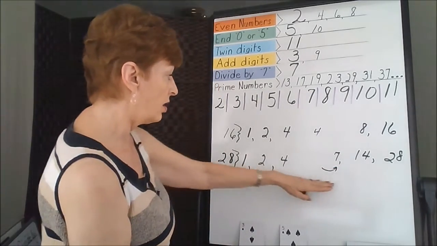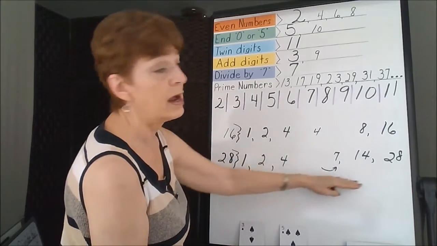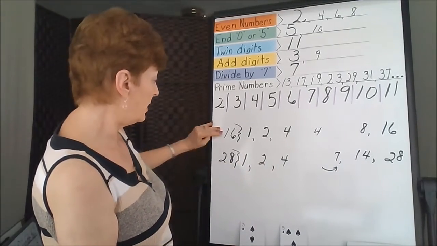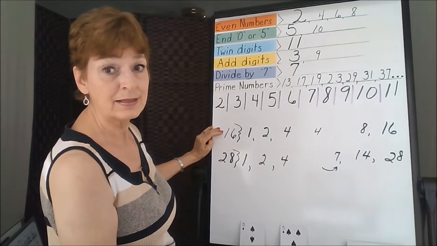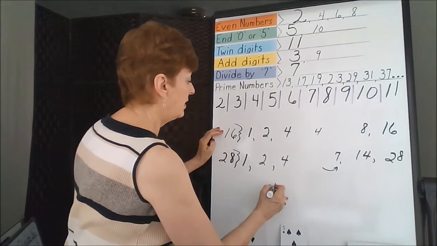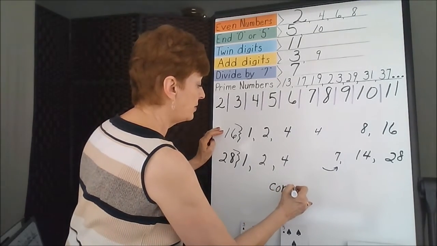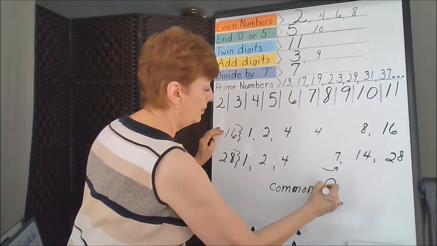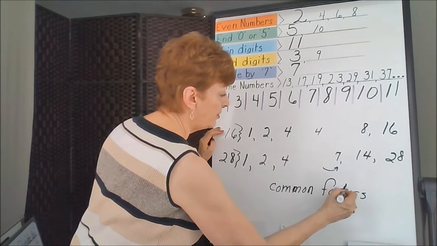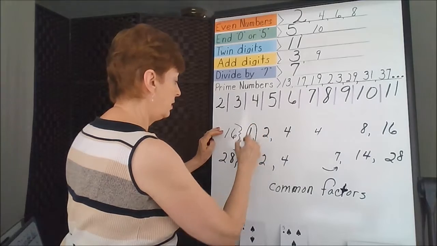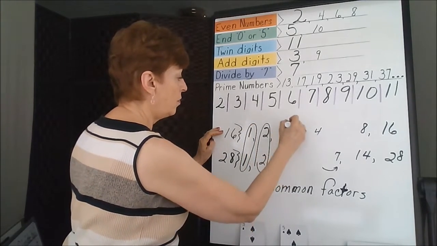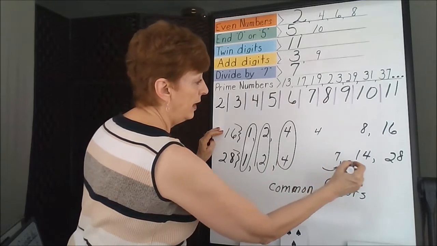So these are the only factors that will make 28. These are the only factors that will make 16. What do they have in common? These common factors. The common factors are 1, 2, they share the 4, and that's all.